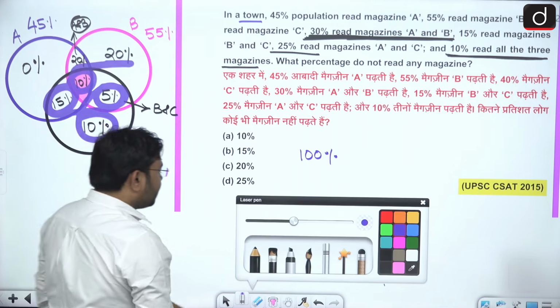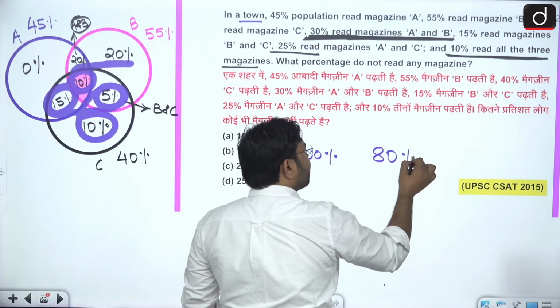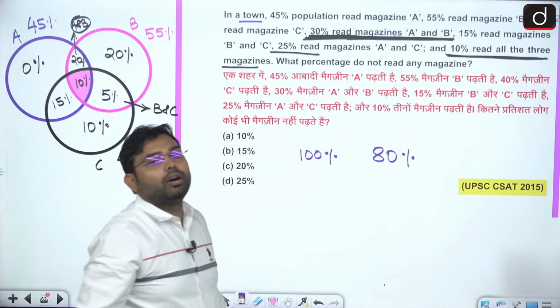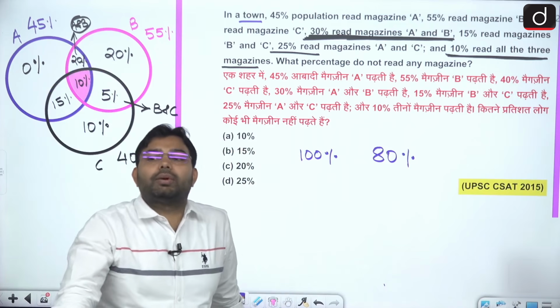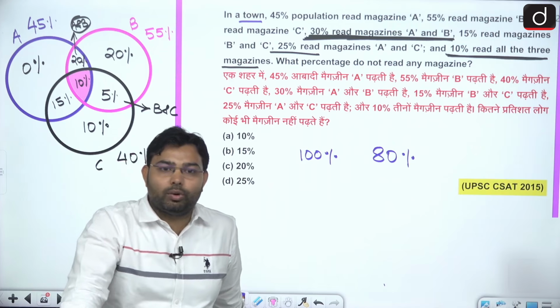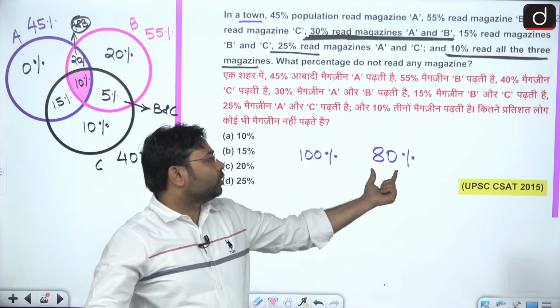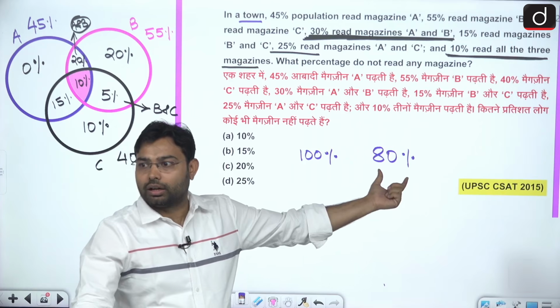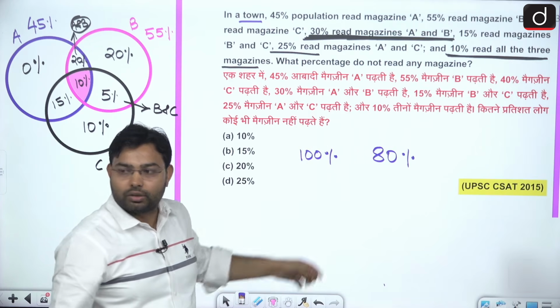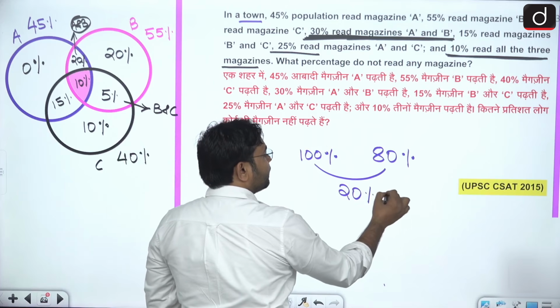So you can say 80% are those people who read something, either magazine A, or magazine B, or magazine C, or A and B both, or B and C both, or A and C. So 80% are those who read something. Total people are 100%. So you can say 20% are those who read nothing.